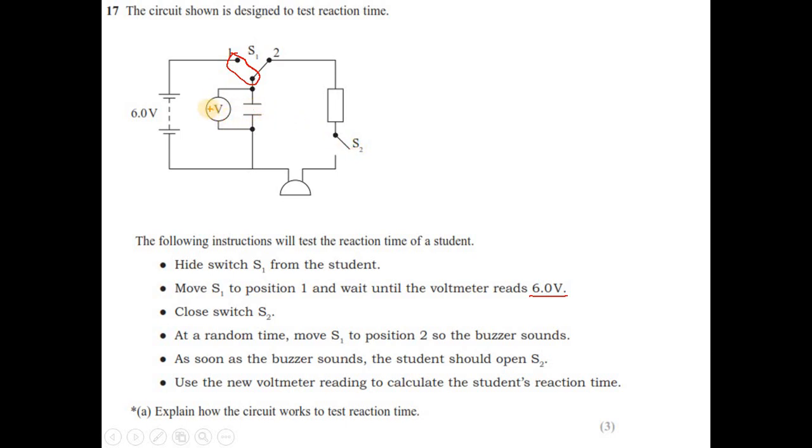So you can use that new voltage reading and the equation V equals V naught e to the power minus t by RC to figure out the time, because V is the voltage after time t and V naught is the initial voltage. So you can use this equation to figure out t, and this t will give you the reaction time of the student.